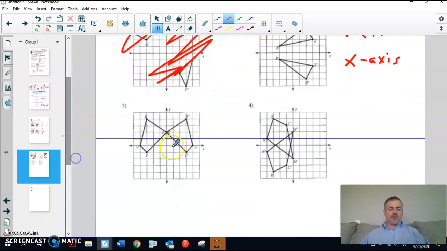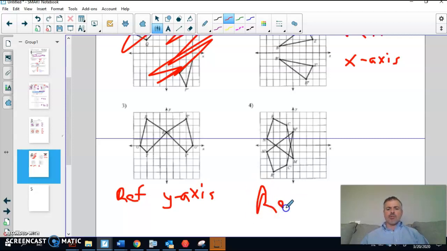This one looks to be a reflection over the y-axis. So again, reflection over the y-axis. And then this one's a reflection over the x-axis again. Reflection. So you'll have questions like that.